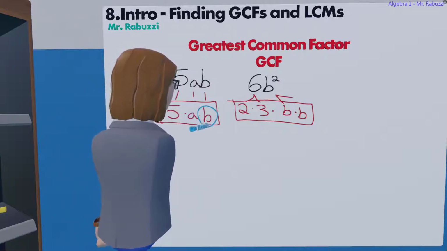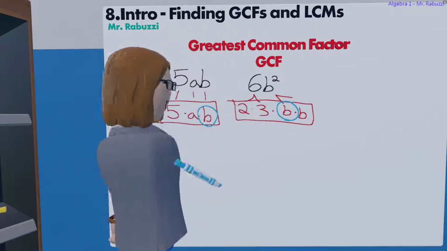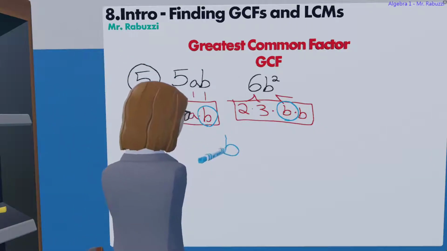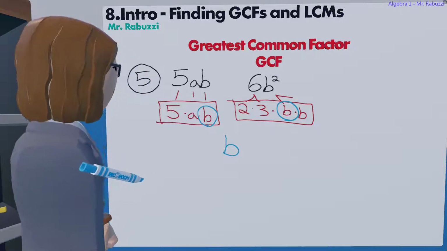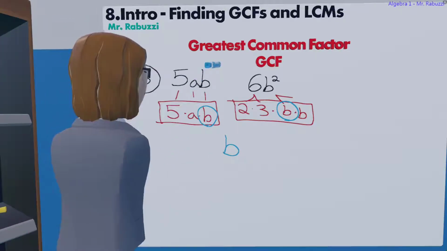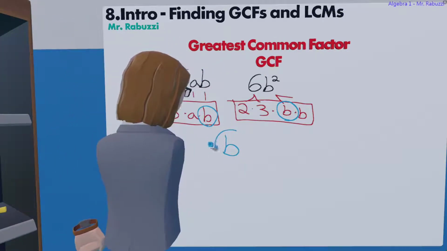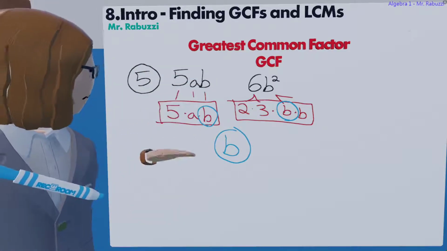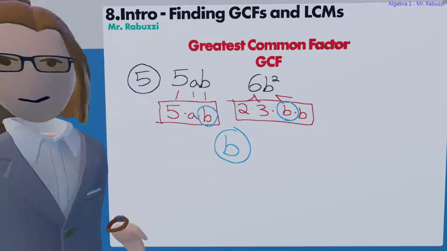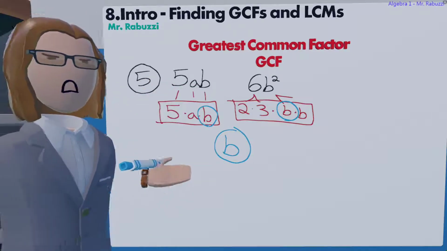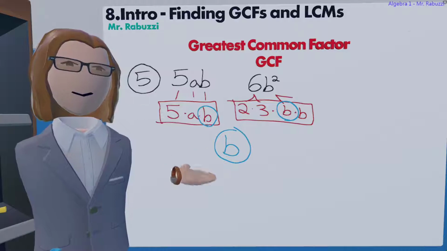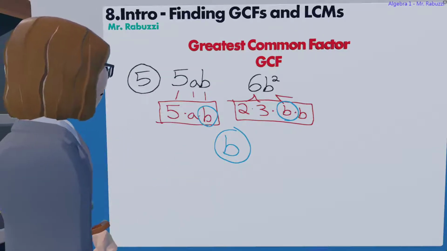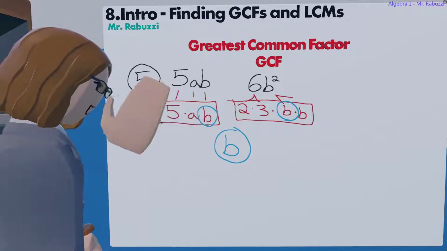So B and B. So the only thing that matched, the only common factor, was B. So the greatest common factor, the answer, is just B. So it's different from our starting numbers. It doesn't even share an A. It doesn't have any numbers. This is the only thing that they shared, their only common factor. Well, their greatest common factor. Might be their only one too.